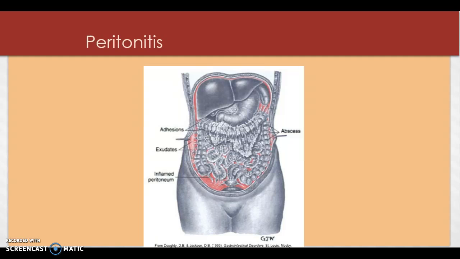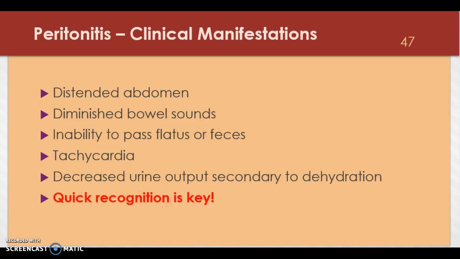Peritonitis we've alluded to throughout with some of these diseases because of the potential for rupture and leakage of contaminants and subsequent infection. But just so you can see a visual of what that might entail, it causes the abdomen to get very distended, tender, and rigid. You will have diminished bowel sounds, sometimes none at all, depending on how serious the condition is.